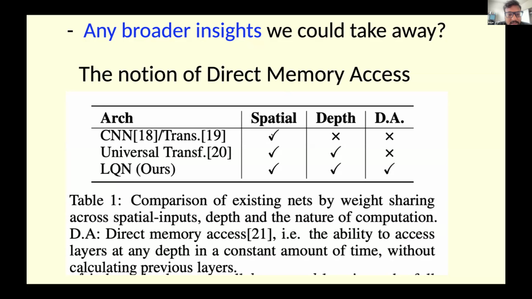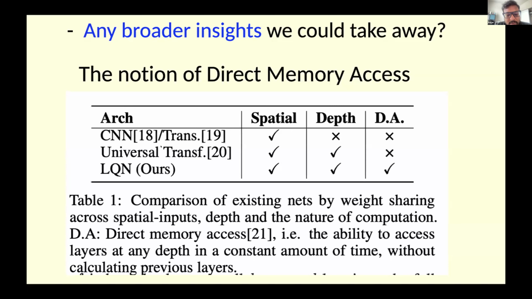Similarly, in a CNN the image is convolved by the same filter every time, so it's sharing the weights across spatial dimensions. However, in a CNN, if you go deeper, every layer has its own filter, so it's not sharing the weights across depth.